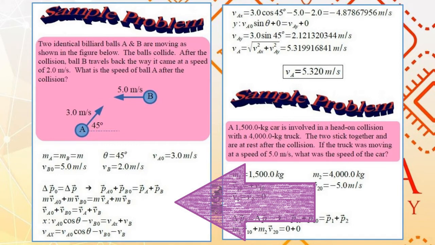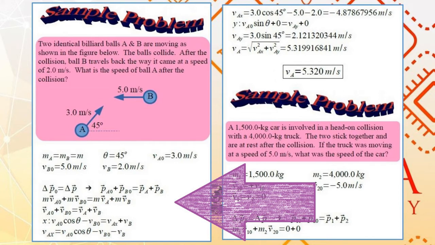Using conservation of momentum, we have initial momentum is equal to final momentum. PA initial plus PB initial is equal to PA plus PB. Expanding our equation of momentum to mass times velocity, we get M VA initial plus M VB initial is equal to M VA plus M VB.